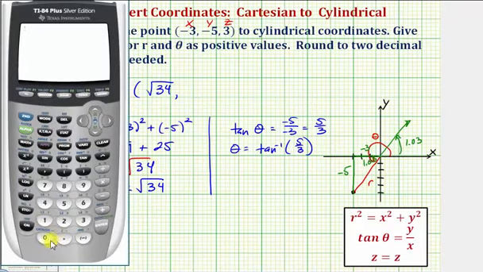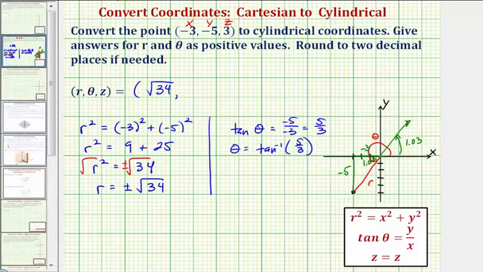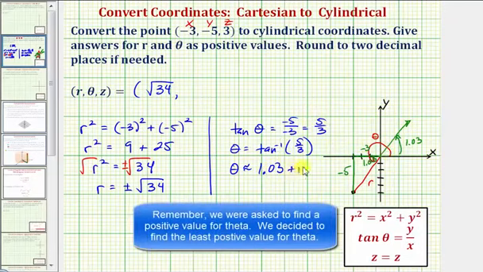So 1.03 plus pi gives us approximately 4.17 radians, which is the angle theta we're looking for that terminates in the third quadrant. So we found from the calculator the angle theta was approximately 1.03 radians, but to find the angle in the third quadrant we had to add pi radians, which gave us approximately 4.17 radians.